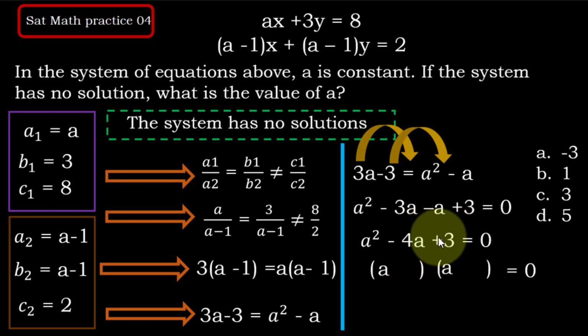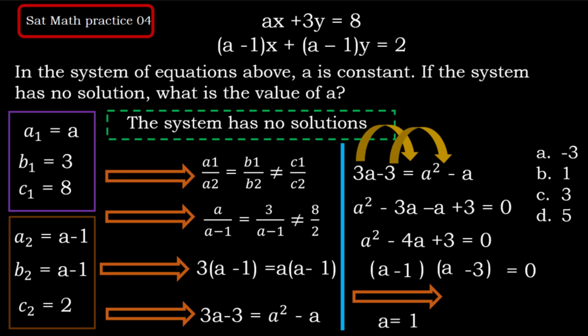The last term is positive, so the signs of the two numbers will be like the middle term, negative. So it will be negative 1 and negative 3. Now we deduce that a minus 1 equals 0, so a will be 1. And a minus 3 equals 0, so we get a equals 3.